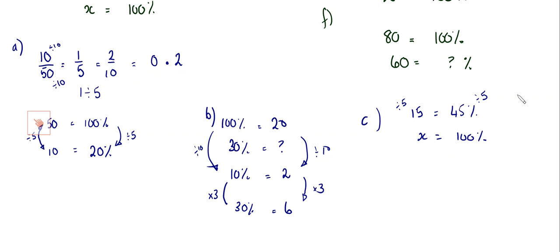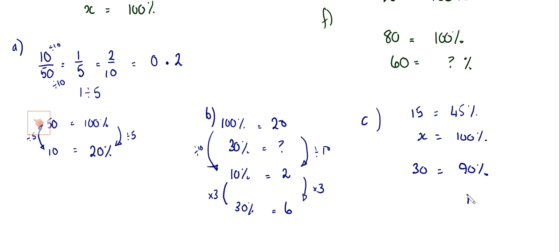Actually, I don't want to divide. Or do I? No. What can I use? You could times the numbers and make 45%, 90%, and make 15, 30. So 30 is 90%.